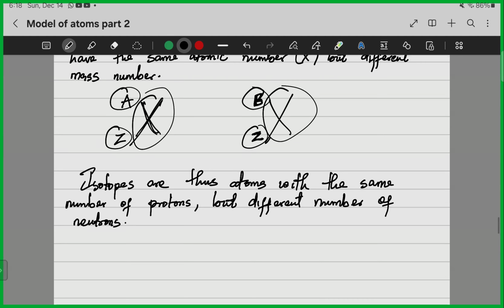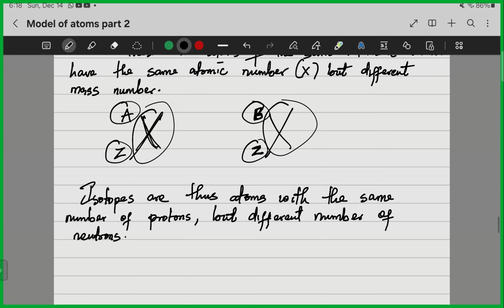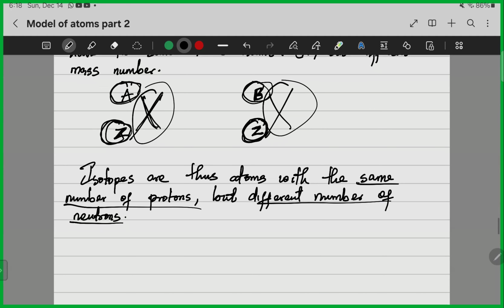I just stated what is the cause of that. You see that the atomic number or number of protons is the same, the element is the same, but the mass number is different. It means that this particular element has the same number of protons in both cases, but a different number of neutrons. So it's the different number of neutrons that makes isotopes exist.